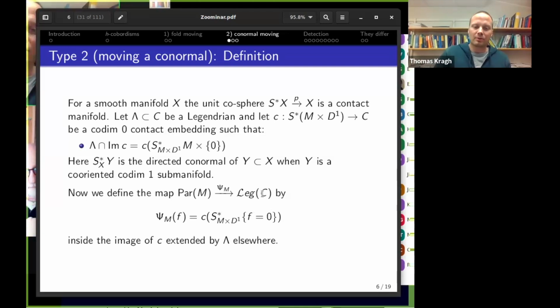We embed it into Legendrians. We construct the Legendrian in C that is given by, instead of taking the conormal of M cross 0, which was the base point in some sense in this space of partitions, we replace it by the conormal of the 0 set of F. And then we extend by lambda elsewhere.